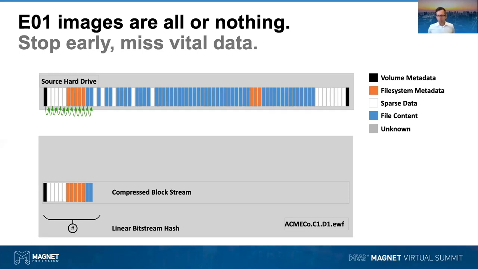The problem that we've got here is that if we need to finish the image early, we've only got the data that we've read from the beginning of the drive.